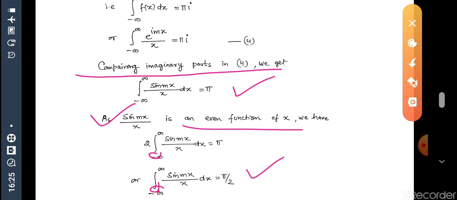So in this way we easily calculate the values of improper integrals in which the function in the complex plane has its pole on the real axis.